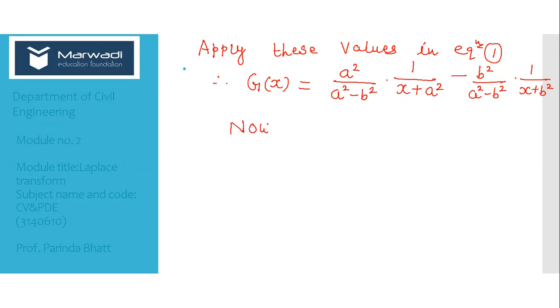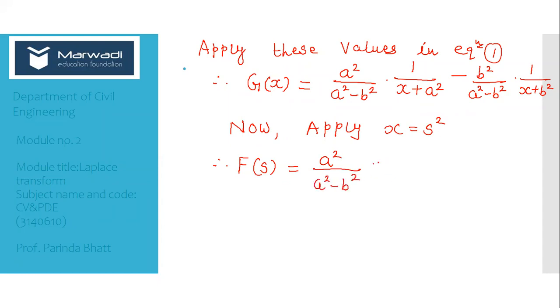Now apply x equal to s square, right? Apply this value. Therefore, f of s equals a square upon a square minus b square, 1 upon s square plus a square, minus b square upon a square minus b square, 1 upon s square plus b square.